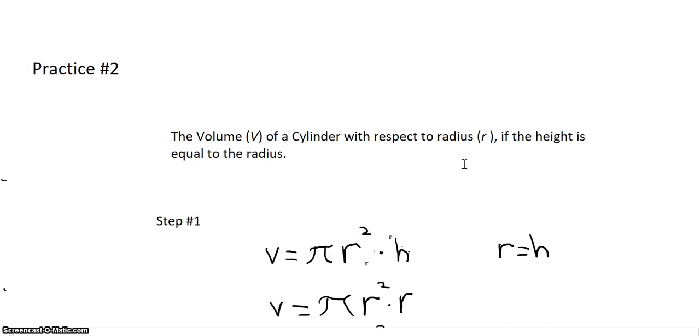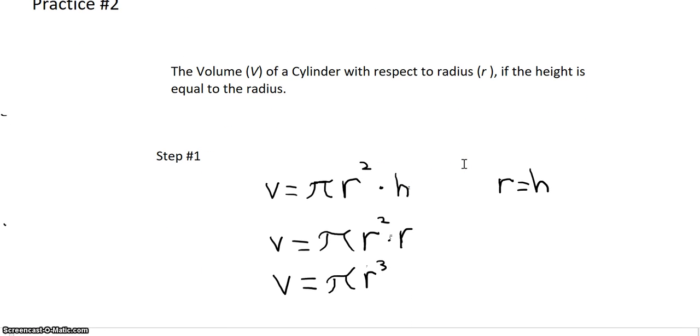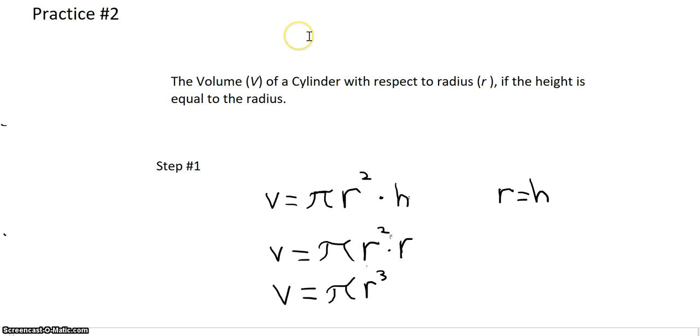So moving on to a slightly harder example, we have the volume V of a cylinder with respect to radius r, if the height is equal to the radius. Again, we have to find the rate of change, but you notice a couple of unique things about this question. First of all, it doesn't give us a specific point like the last one did.